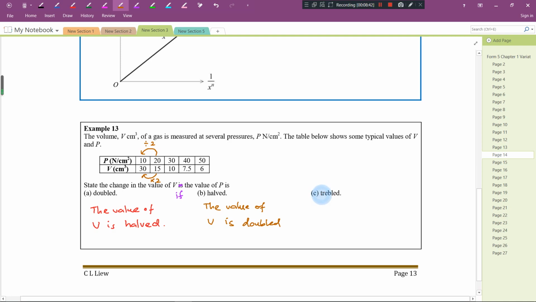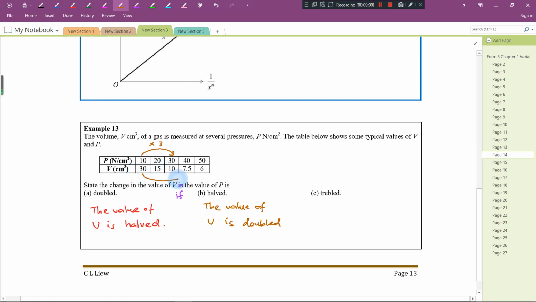Okay, so let's try the last one. If the value of P is triple, from 10 to 30, times 3, what will happen to the value of V?